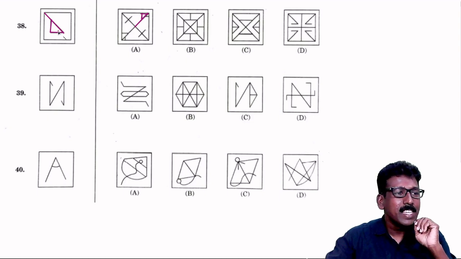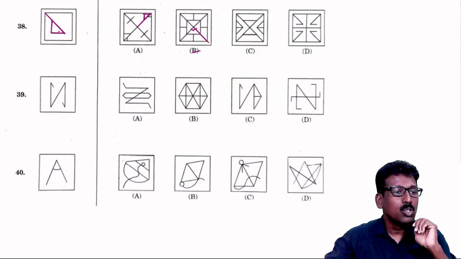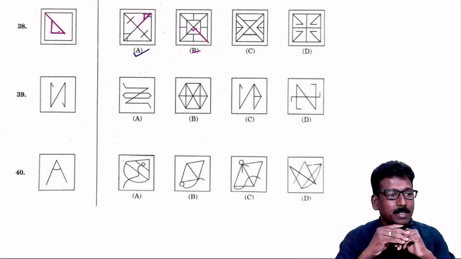Here you can see this angle is acute, but here at the end point of the line segment, this one is a right angle. So B cannot be. So A will be the correct answer. So darken A for question number 38.